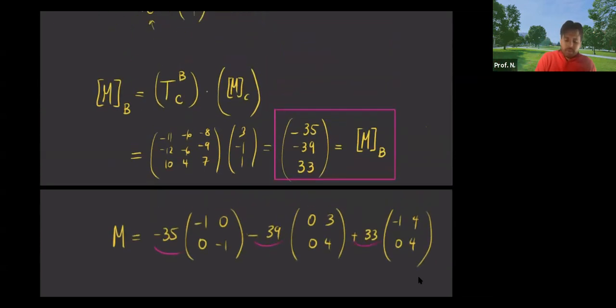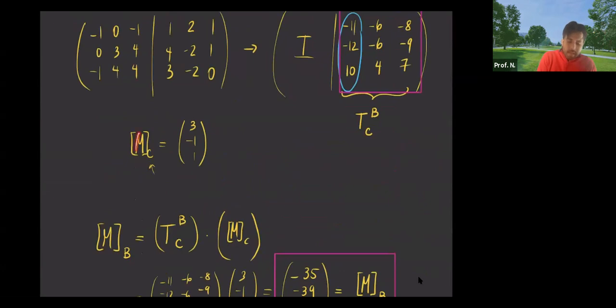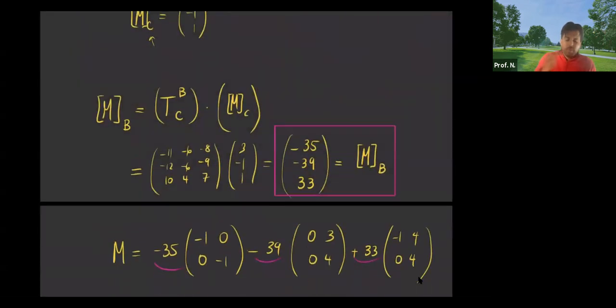So in one world, if you view the world of V in terms of C, this matrix M looks like 3, -1, 1. But if you switch your perspective and choose the basis B instead and look at M through this lens, it becomes this other vector.